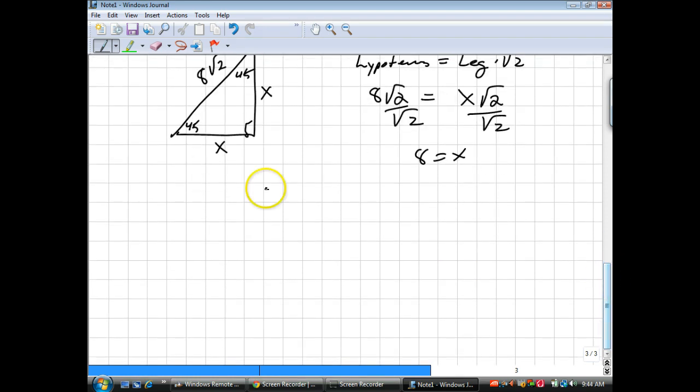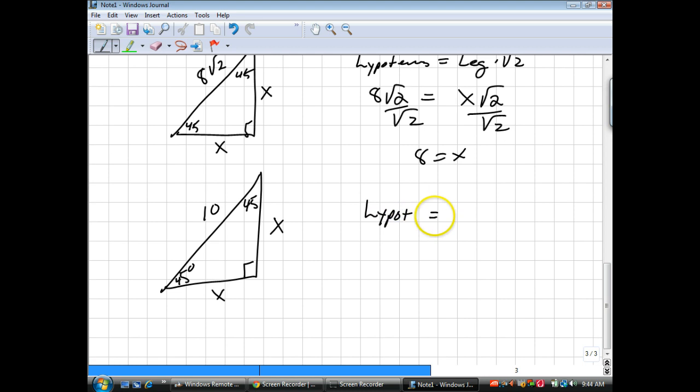If I know in a 45-45-90 that the hypotenuse is 10, then the hypotenuse is equal to the leg times square root 2. So 10 is equal to x times square root 2. Divide both sides by square root 2, so x equals 10 over square root 2.